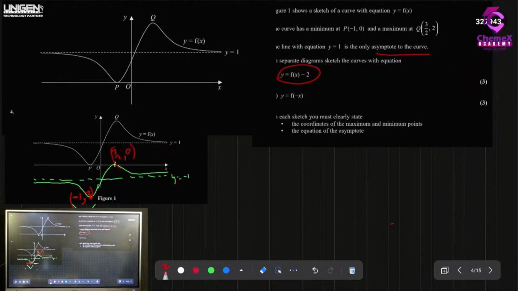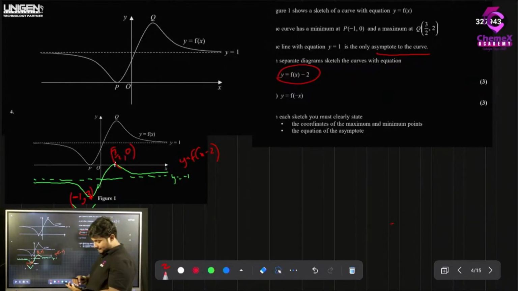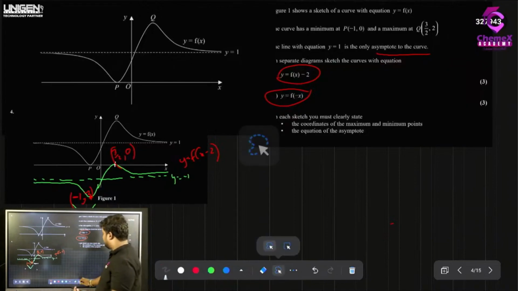Any questions? So this graph is actually y equals f(x) minus 2. Got it? Any questions? No, sir. Alright.